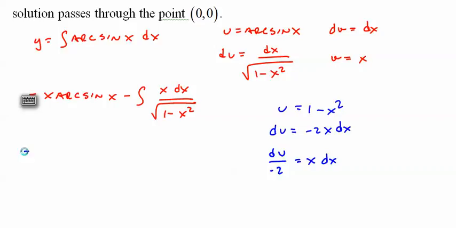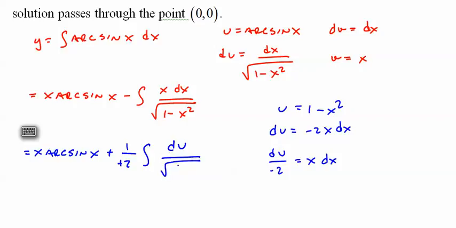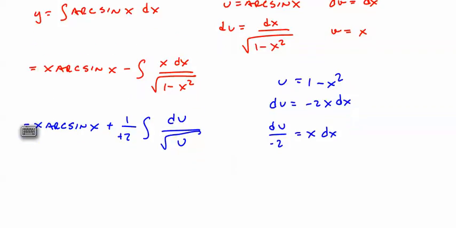So we get x arcsine of x minus the integral of, I'm going to put it out front, 1 over negative 2. These will cancel. Of du over square root of u, which is an integral I can do fairly quickly.